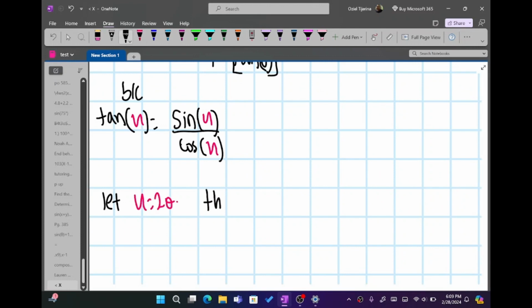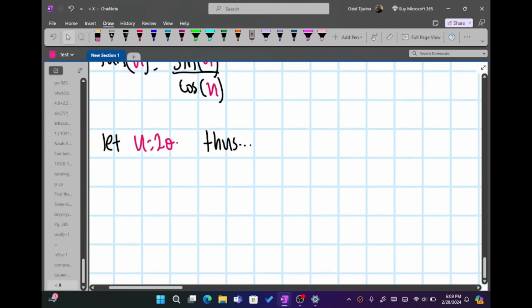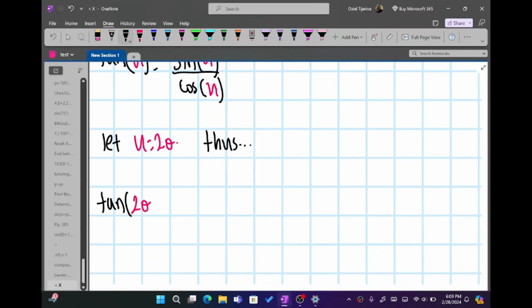Thus, tangent of 2 theta can be equal to sine of 2 theta over cosine of 2 theta. So we can do it this way.